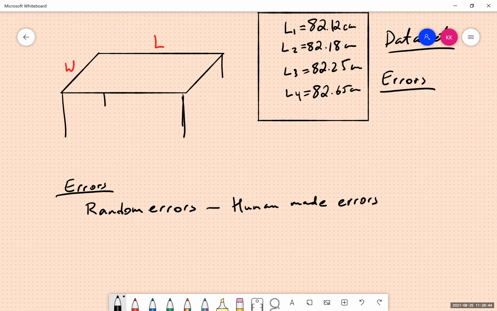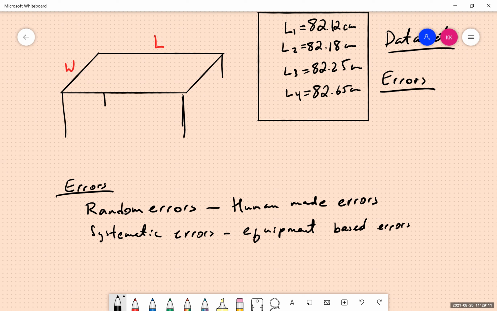Systematic errors are usually equipment-based errors. So let's say you didn't calibrate your equipment correctly, or you're not using the correct equipment and things like that.